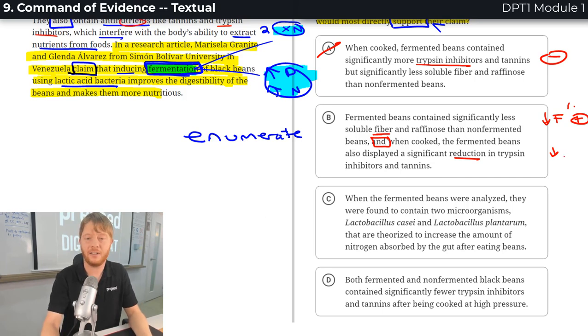That sounds perfect. I'm going to keep it. We only have two options here, kill it or keep it. So let's keep it for now. We're not going to circle it. That would be a little bit premature. Keep it for now. Read all the 4 choices. So I'm just going to write my notes here. Trypsin inhibitors. Okay, ugly notes.